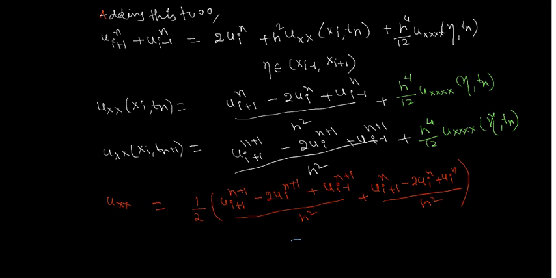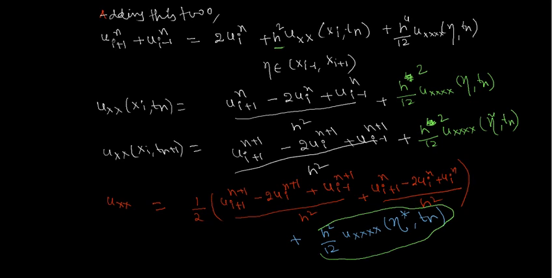The h square is there, and this h square will cancel, so it will be h square by 12 u xx at some eta; let's write eta star. So this is the truncation error for u_xx.